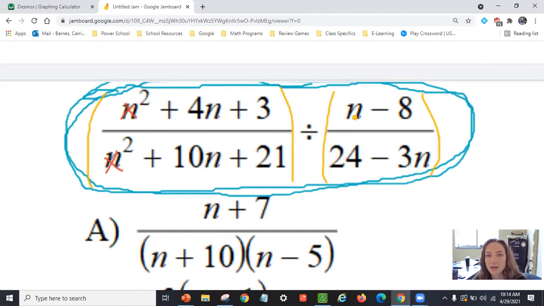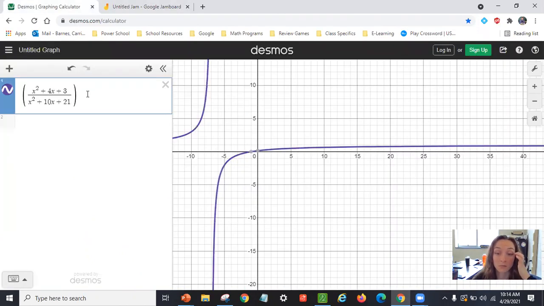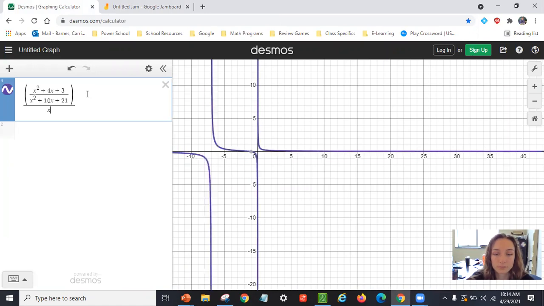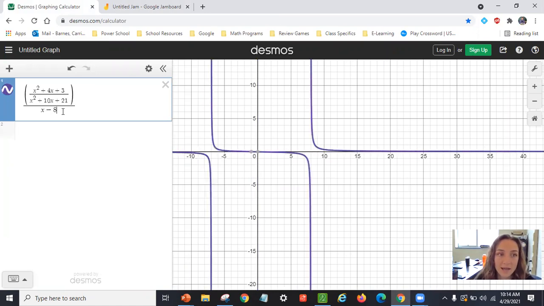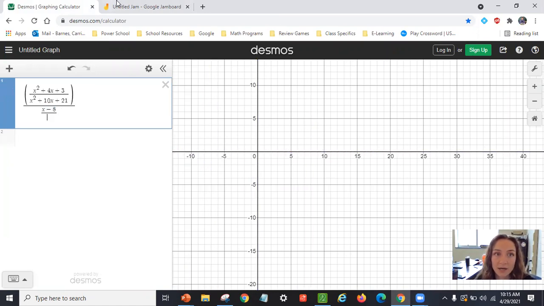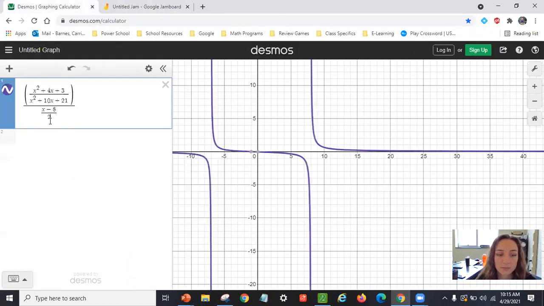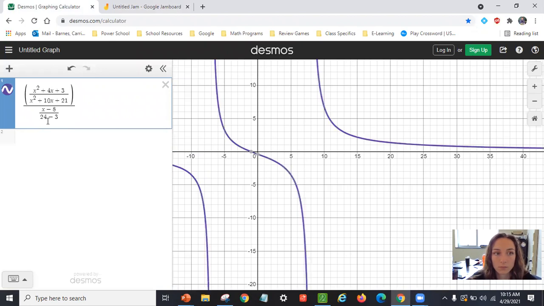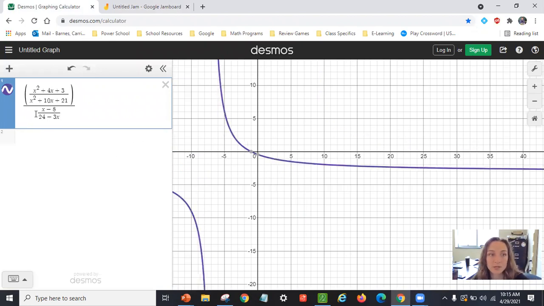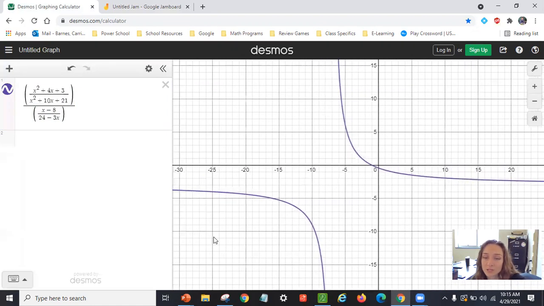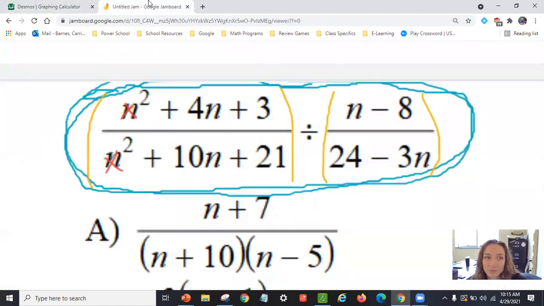Then divided by x minus 8, and then x minus 8 is being divided by 24 minus 3x. I'm also going to put parentheses around the bottom, just to make sure that it is certainly this numerator divided by this denominator. So please trust me in putting parentheses around the numerator and the denominator.